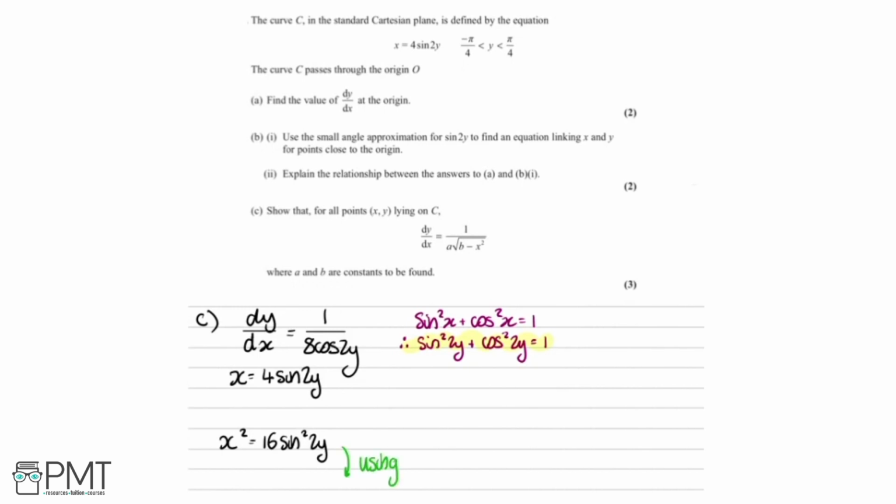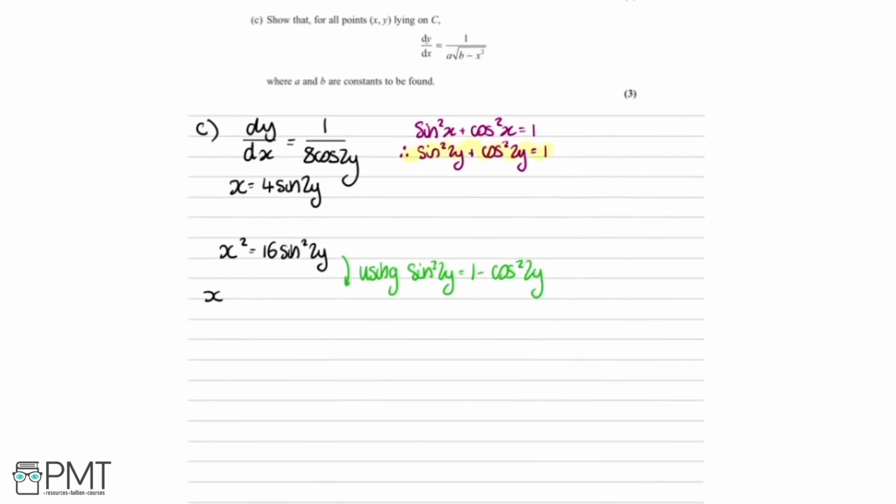If we rearrange the identity, we get that sin squared 2y equals 1 minus cos squared 2y. We can now say that x squared equals 16 multiplied by 1 minus cos squared 2y. So therefore x squared equals 16 minus 16 cos squared 2y.